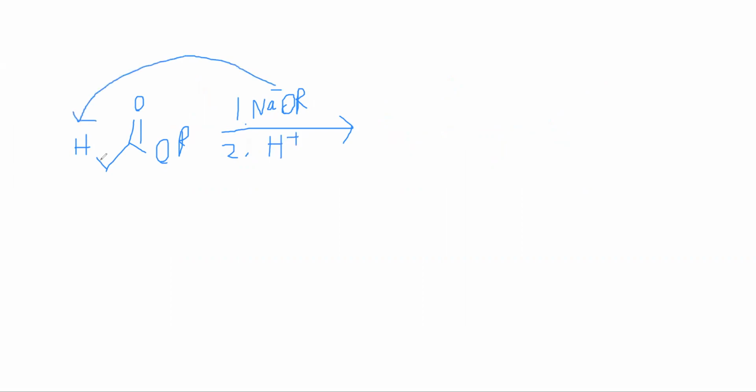It starts the same way, just base takes proton to form enolate. It's going to take this one. So we're going to form that enolate alpha to the ester. This time we'll do the color coding.